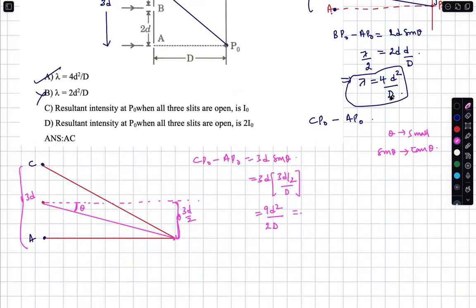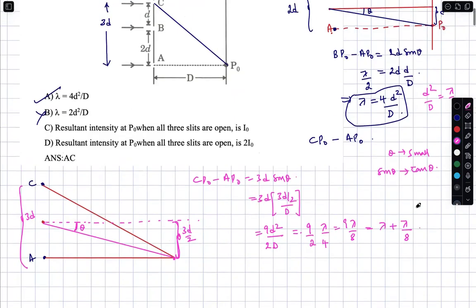If I see 4D square by T, wherever I see D square by capital T, now I can write lambda by 4. This is 9 by 2 times lambda by 4. This is 9 lambda by 8. Or in other words, you can write it as lambda plus lambda by 8.